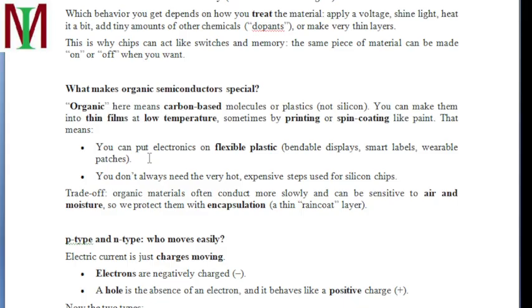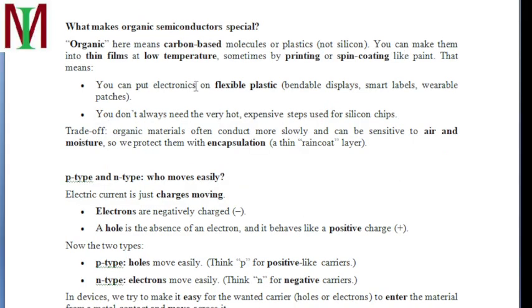That means we can put electronics on a flexible plastic, where the main electronic component is our organic molecules. So bendable displays, smart labels, and wearable patches can be made so easily with organic semiconductors. It is so special.